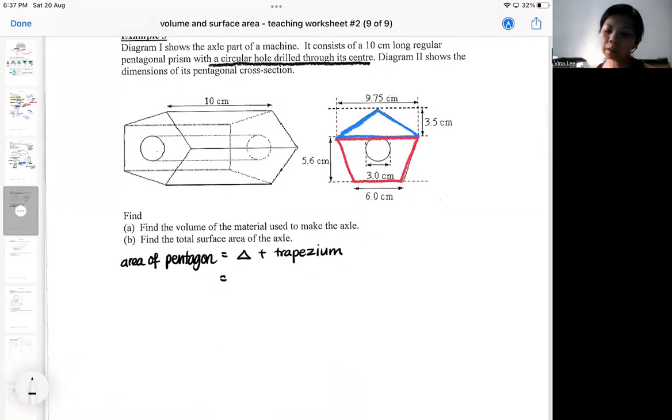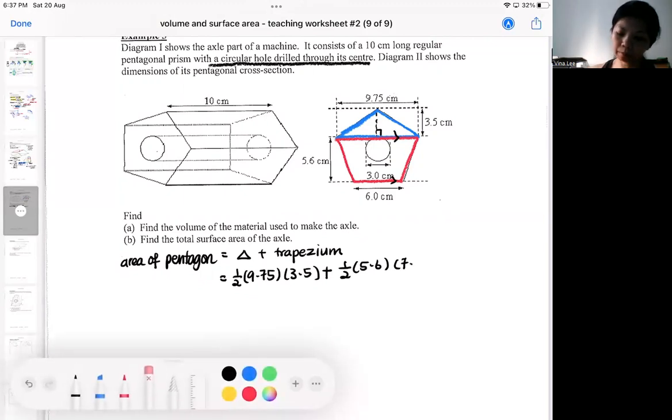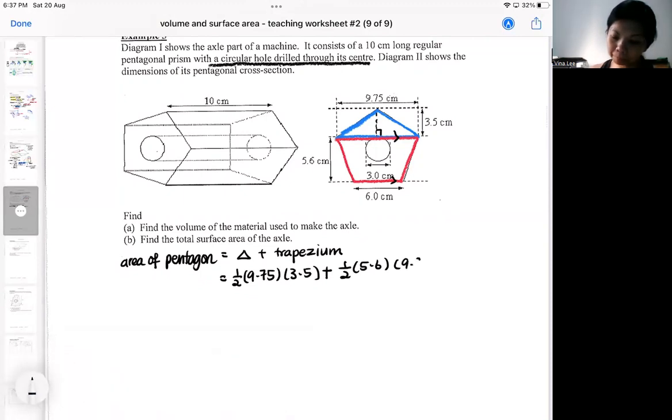So for the triangle, it's half times base times height. So it's half times 9.75 times the height. For the trapezium, it is half times height times the sum of parallel lengths. Then you got to add them up carefully.